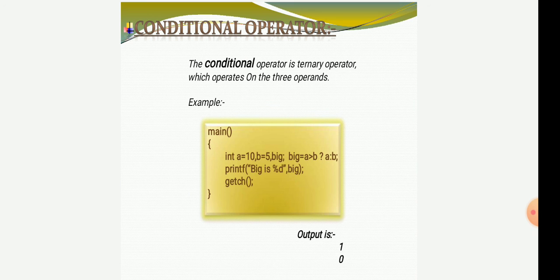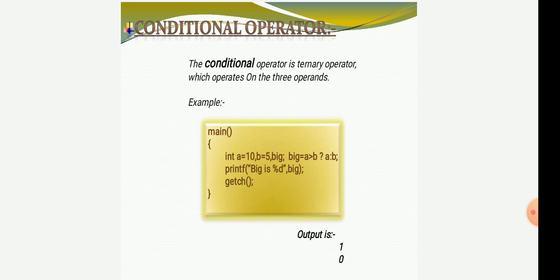Then we have another operator, that is the conditional operator. So dear students, the conditional operator is also known as the ternary operator, and this operator can operate on 3 operands. So for example, here you can see in this program we have 3 variables.